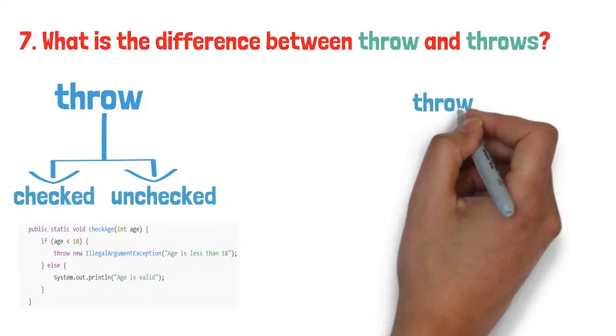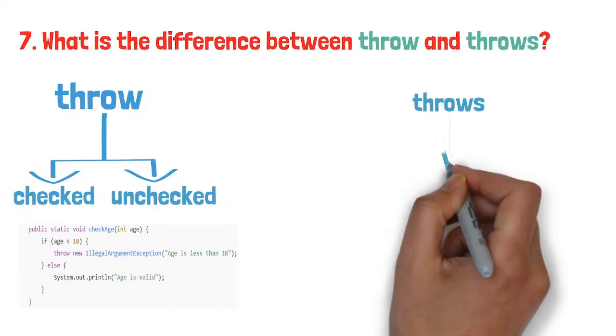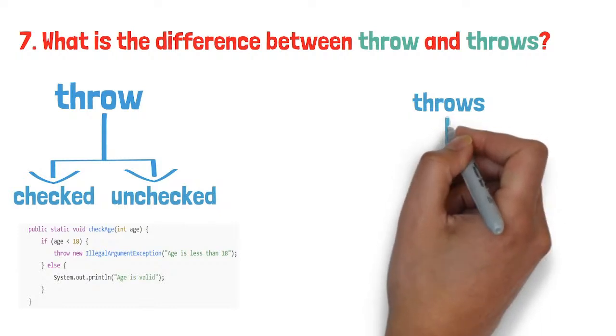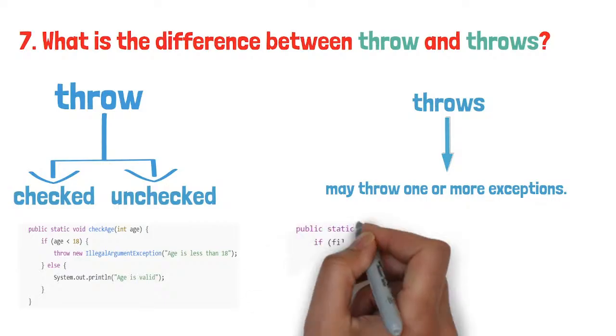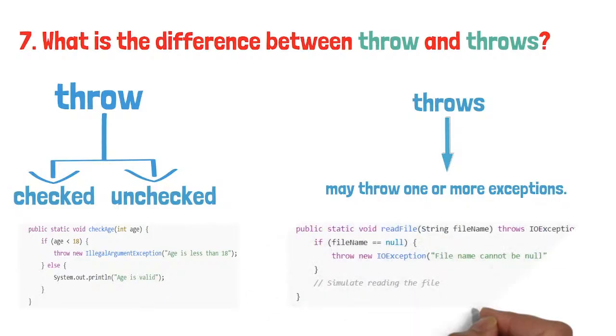And next is throws. Throws is actually used to declare one or more than one exceptions. For example, there is a method for reading a file that can throw multiple exceptions. Here, if the file is null, at that time we will throw an exception like file name cannot be null.